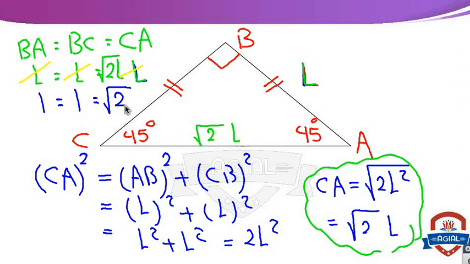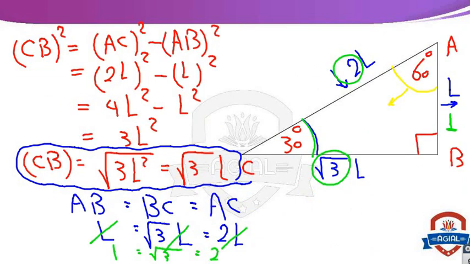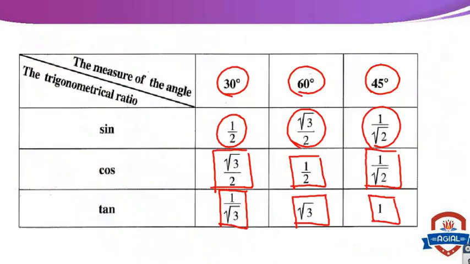Yes, excellent, equals 1. So sine 45 degree equals 1 over square root of 2, cosine 45 degree equals 1 over square root of 2, and tan 45 degree equals 1. Do you understand how to find sine, cosine, tan for the 30, 60, and 45 degree angles? Okay.